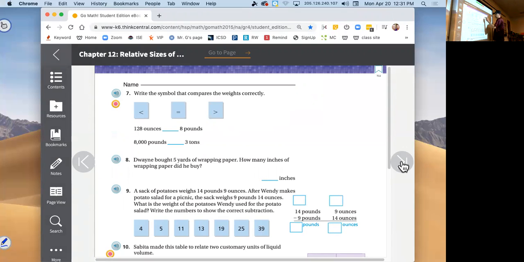We know that 1 pound is equal to 16 ounces, and right here we have 8 pounds. So what are you going to do? 8 times 16 equals what? Solve that one. Now we also know a ton: 1 ton is equal to 2,000 pounds. It's 2,000 pounds.